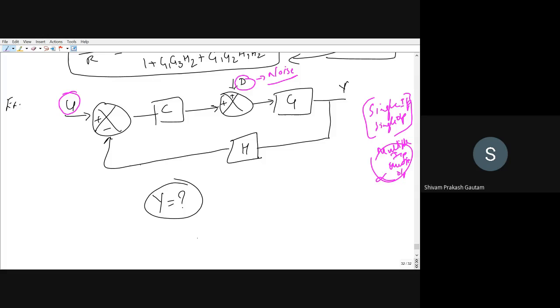A temperature can be a noise: a sudden increase or drop in temperature, a sudden increase or decrease in humidity, rainfall. In control systems, we call these environmental conditions, because your system is subjected to them. Like a car is a system. A car can be subjected to minus temperatures sometimes.